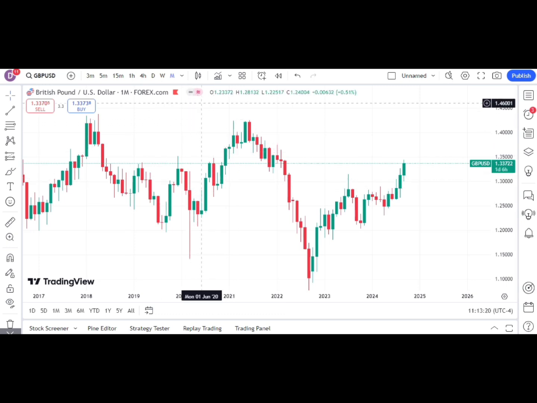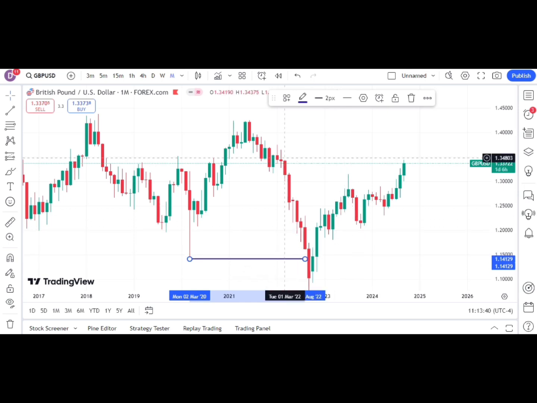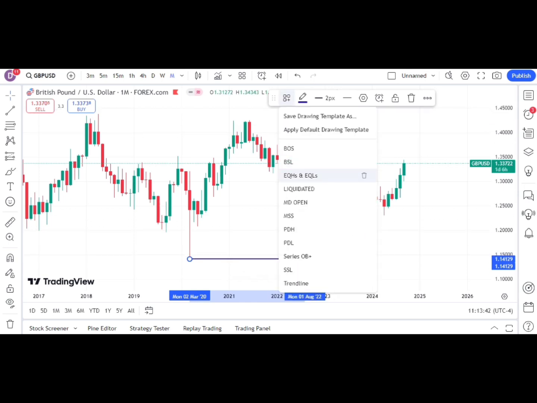So just like I said, this is the monthly chart, and we are going to be carrying out a price action analysis. As you can see here, we have liquidity taken out. Liquidity was run here on the monthly time frame.